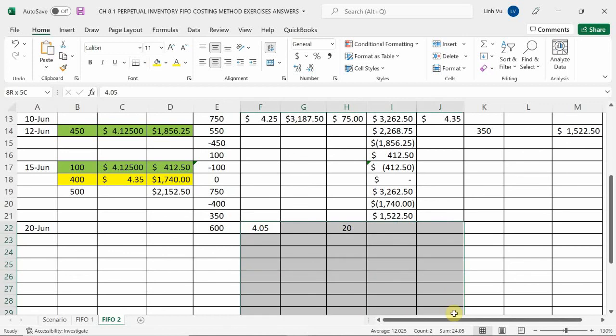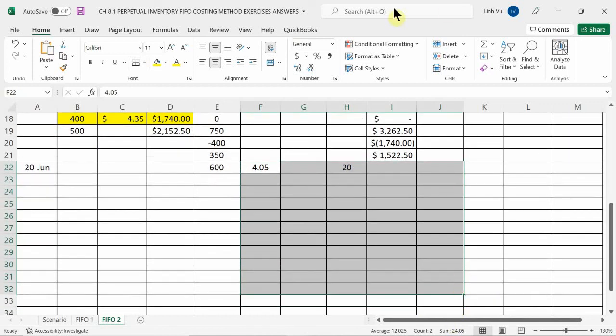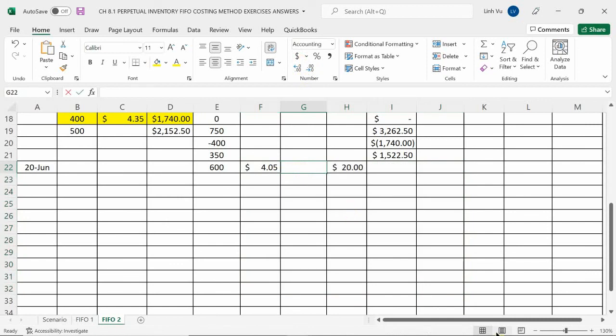Okay, so in this case, what's my purchase price? 2,430. Right, 600 times 4.05 gives you 2,430 plus my freight of 20 gives me a total cost of $2,450.